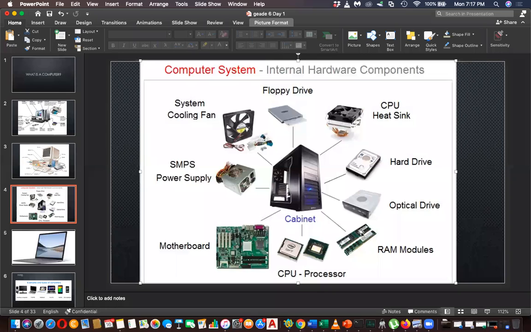So remember that if power is not there, this will not be working. This will work only if power is there. This is called volatile memory.